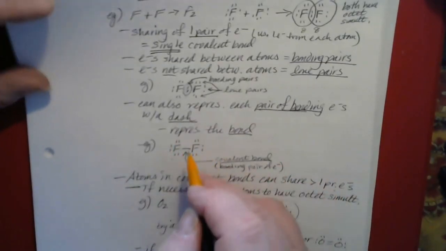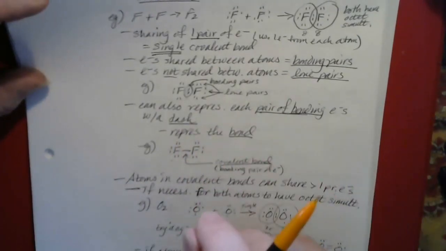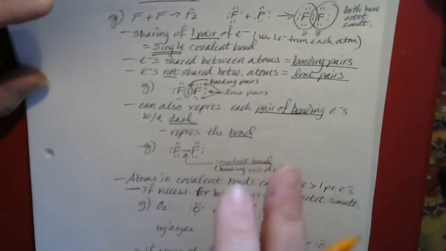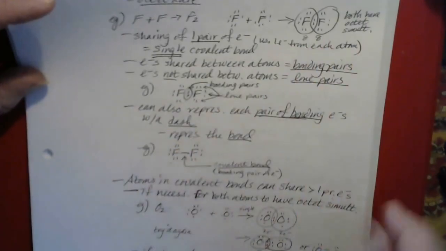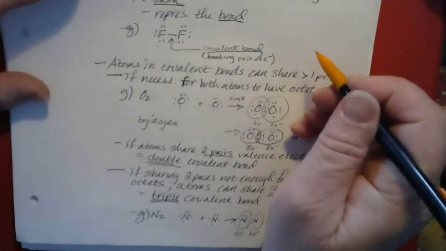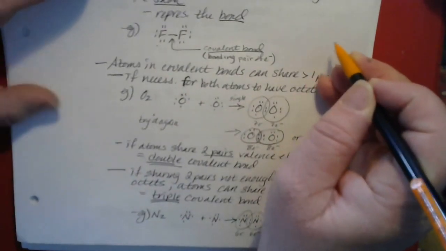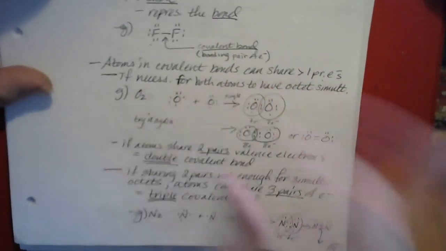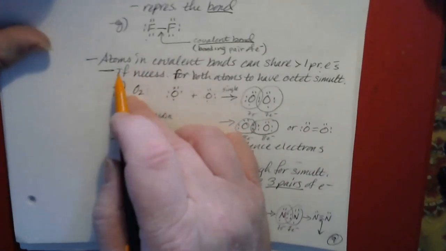And so the dash represents one covalent bond, but of course that one covalent bond consists of 2 shared electrons, and so you can write it either way. It's just a different emphasis depending on how you write it. After doing a few Lewis structures or a few dozen Lewis structures, sometimes you get really sick of drawing little dots anyway. So you just want to do a dash for something different.